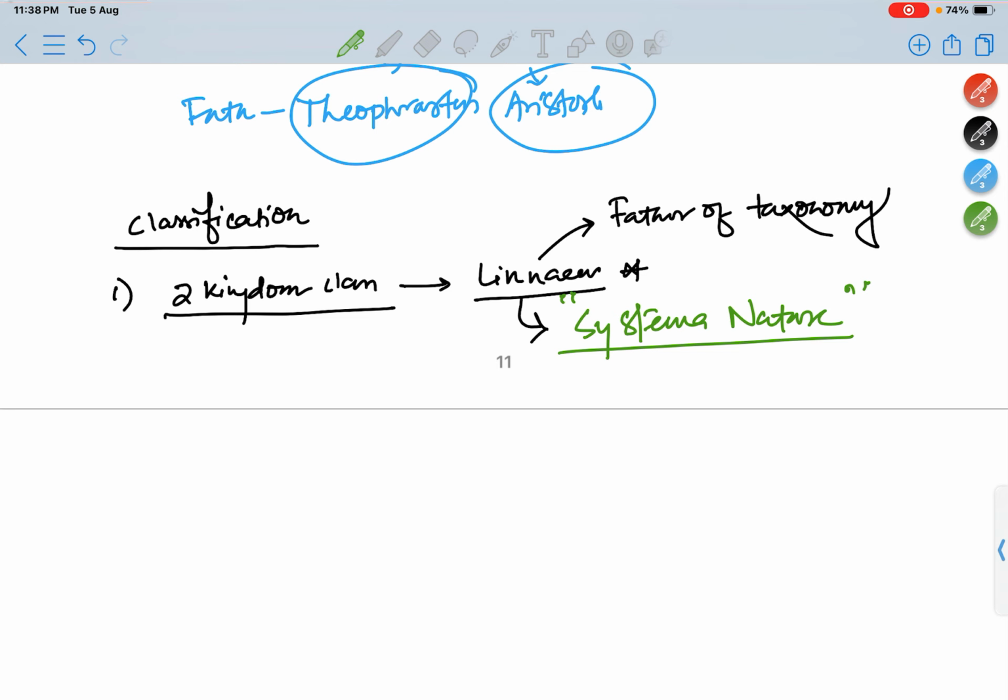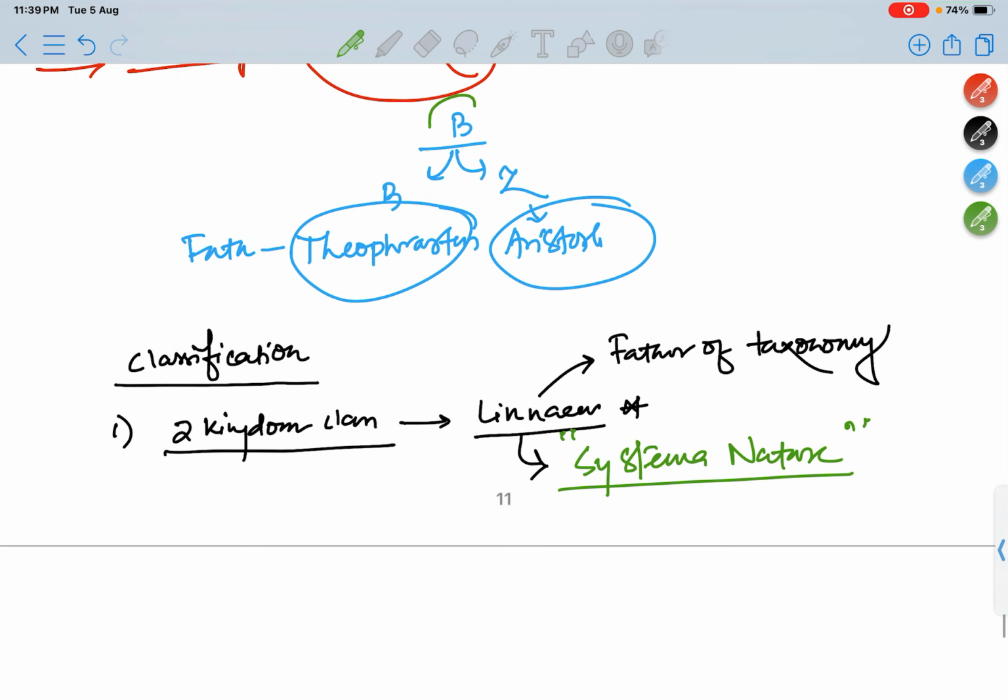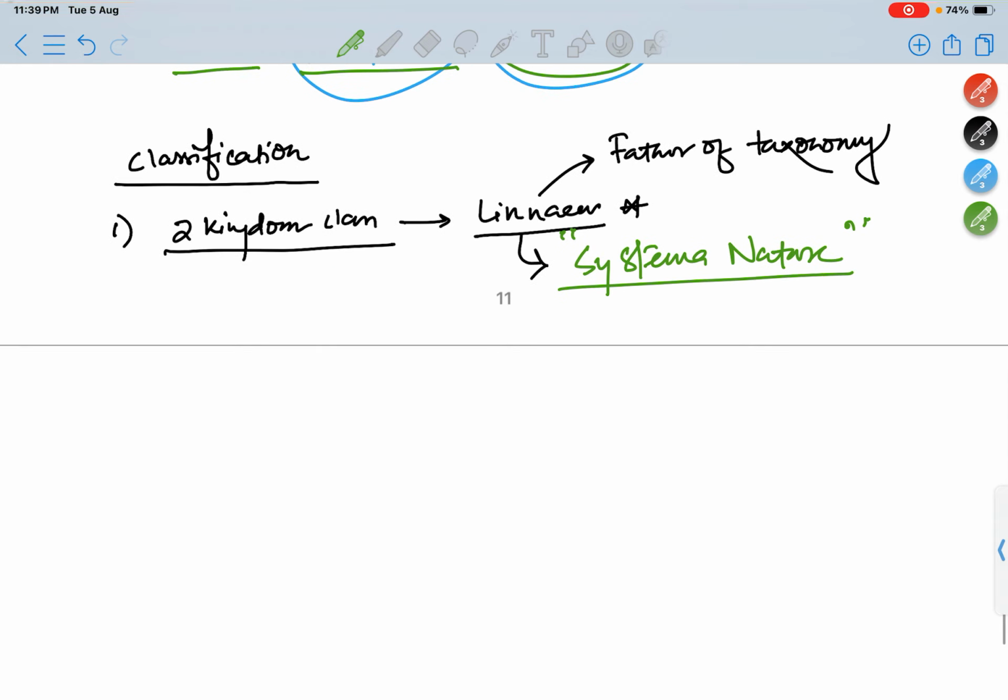Now see, biology has two sections, botany and zoology. Who is the father of botany? Theophrastus. Who is the father of zoology? Aristotle. Now in the biology section there is a classification, the two kingdom classification given by Linnaeus. And Linnaeus is also known as the father of taxonomy. And where did he give this classification? In his book Systema Naturae.